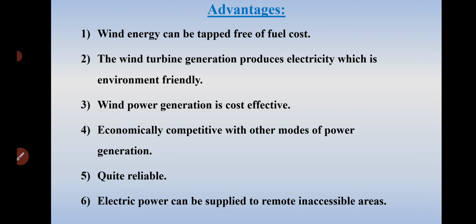So there is no need of an extra fuel, right? Then the wind turbine generation produces electricity which is environment friendly. You can compare it with the case of nuclear power stations. It's not at all environment friendly, right? So that comparison makes sense about this point.